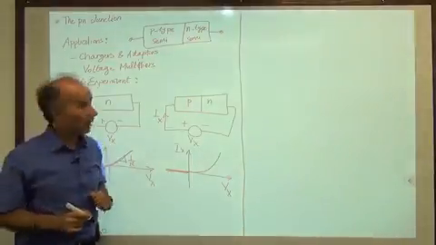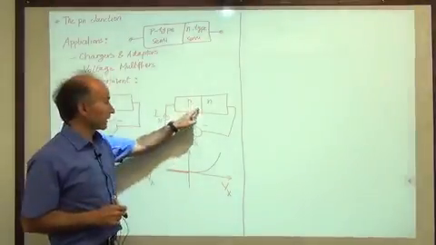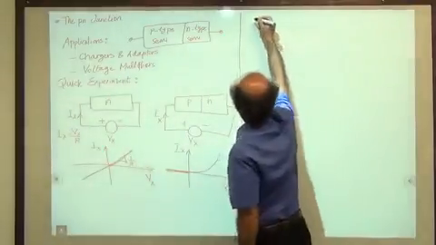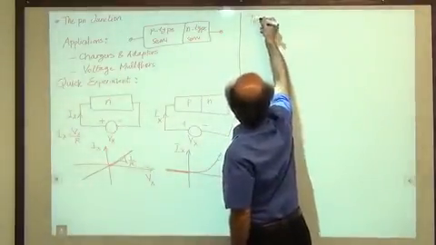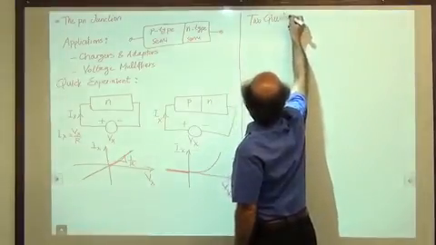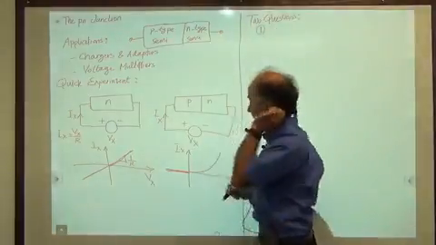I would like to raise two questions that we need to answer to understand how a p-n junction operates. So let me write the two questions here. Question number one.